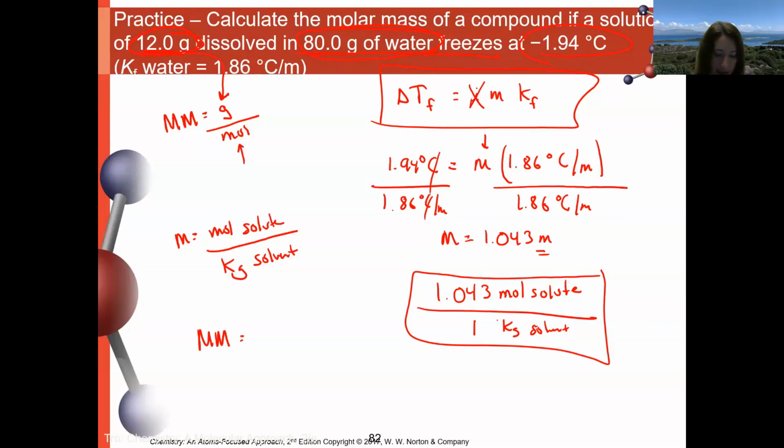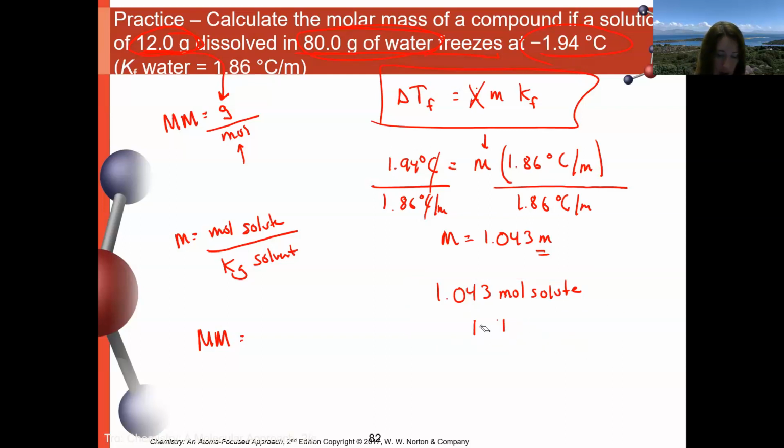So if I have, I'm just gonna make some more room right here. If I have 80 grams of water, and that's my solvent, 80 times 10, well, let's just do it the long way.